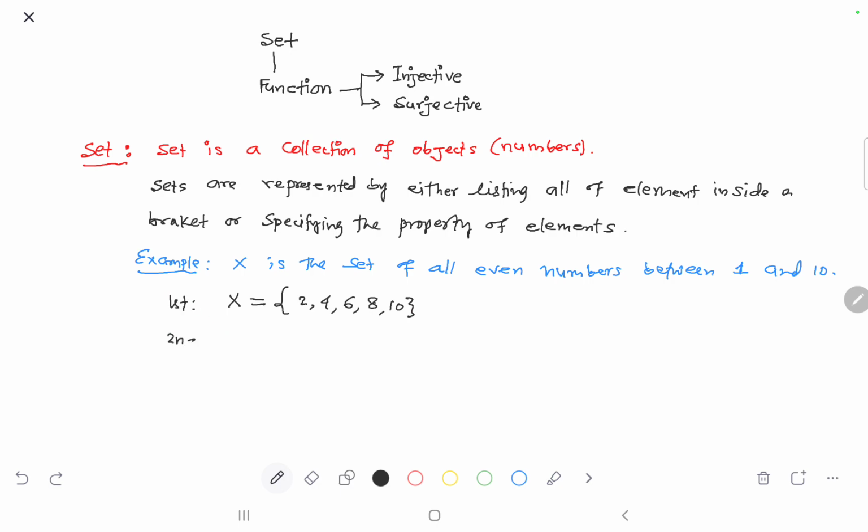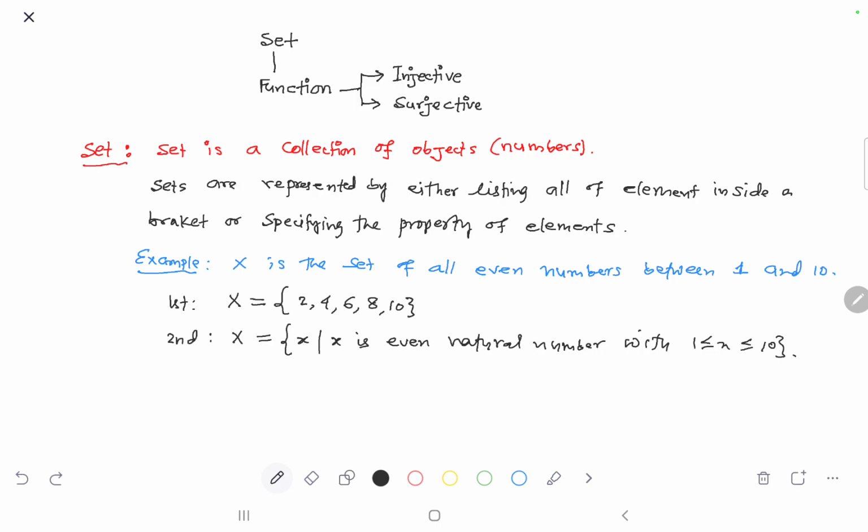The second process is identifying the property. So we write like this: X such that x is an even natural number, with the condition 1 less than or equal to x less than or equal to 10.